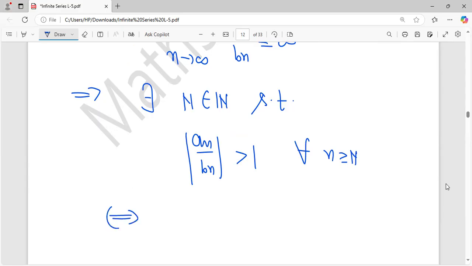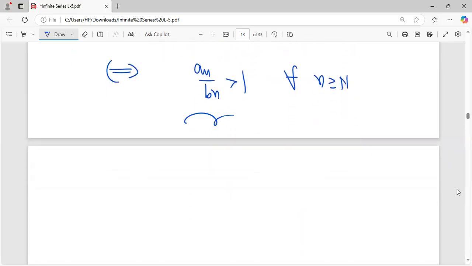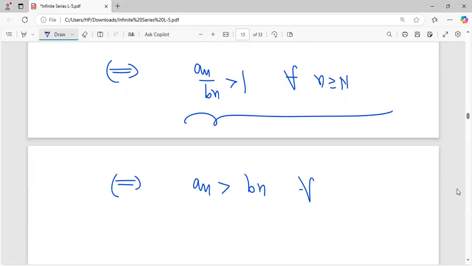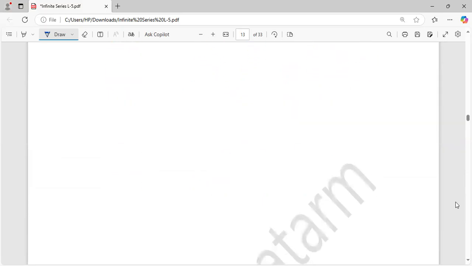So we have An greater than Bn for all n greater than capital N.